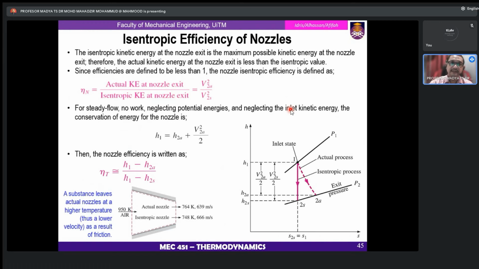Now we go to the isentropic efficiency for the nozzle. For the nozzle, the isentropic kinetic energy at the nozzle exit is the maximum possible kinetic energy at the nozzle exit. Therefore, the actual kinetic energy at the nozzle exit is less than the isentropic value.